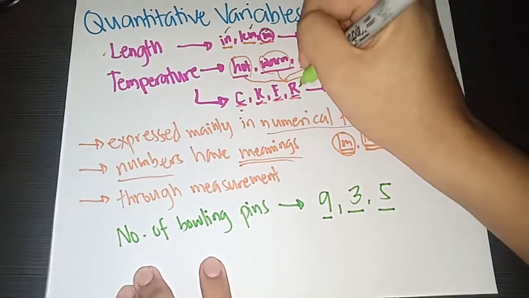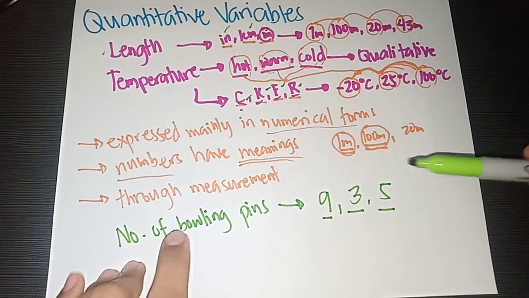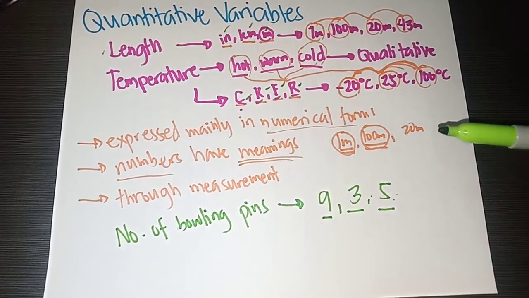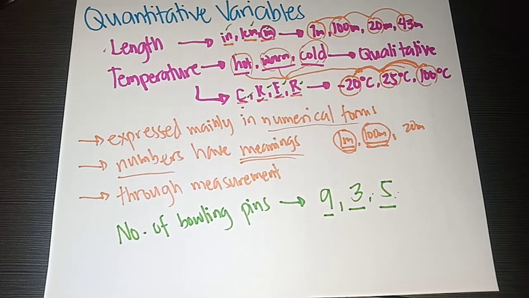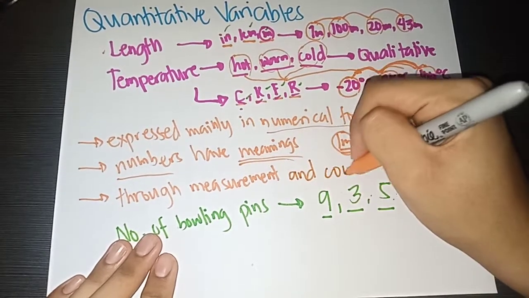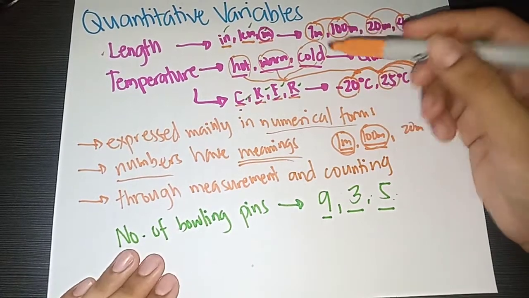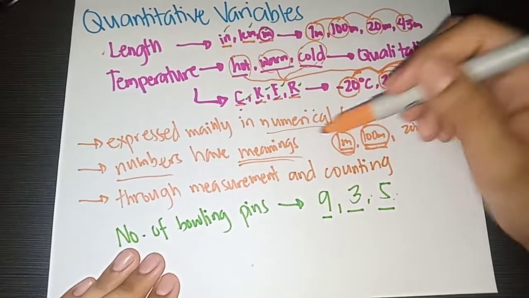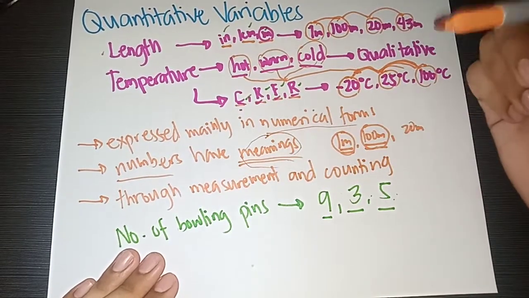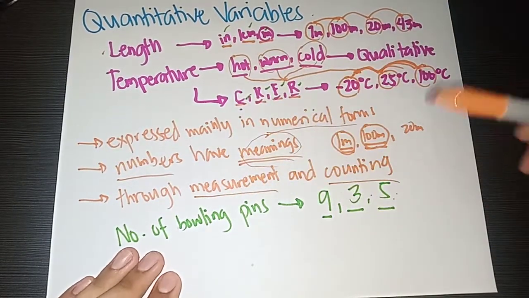In identifying the number of bowling pins, we do not have units, so we gather data through counting. So, quantitative variables are those expressed in numerical forms that have meanings already, and the possible values are obtained through measurement and counting.